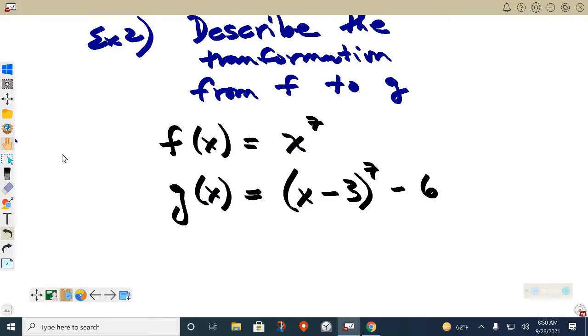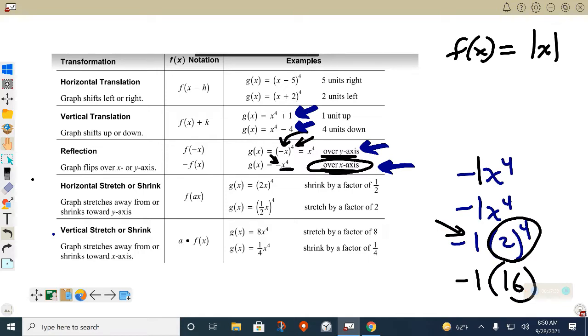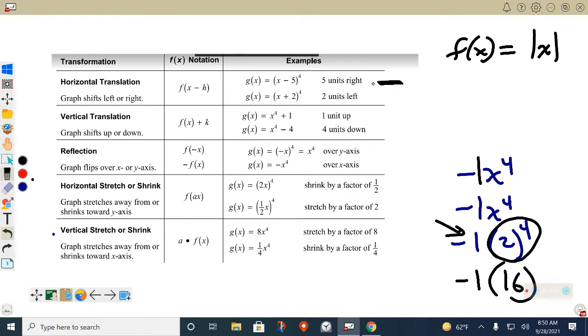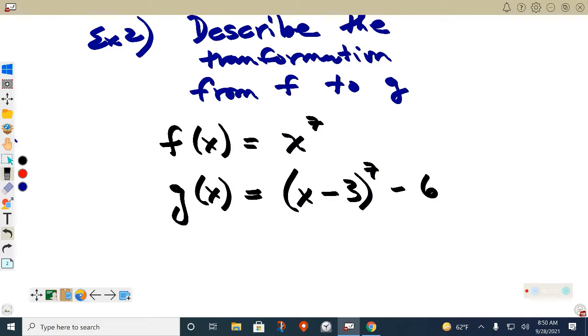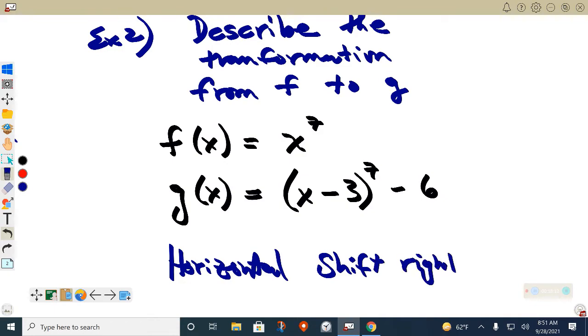So I'm subtracting 3 in parentheses. What does that look like on my transformations? A horizontal translation. That's definitely horizontal. It's going to be in parentheses, right? As you subtract, you want to go to the right, and as you add, you want to go to the left. So it's going to be a right or left, Diaz? Right. So I'm subtracting. It's going to be a horizontal shift right 3 units.